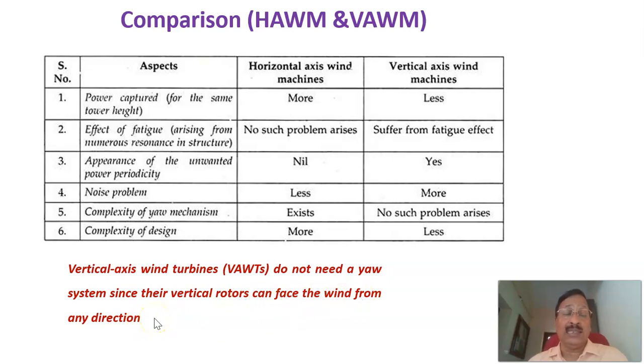Therefore the complexity of the yaw mechanism exists in the horizontal axis case, but no such problem arises in the vertical axis case. There is no yaw control in a vertical axis turbine, unlike the horizontal axis wind turbine.